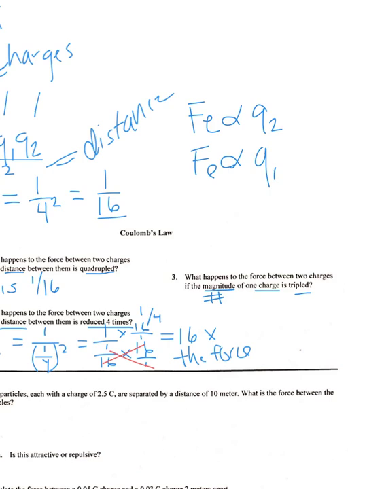So Fe is proportional to one charge being tripled. So we can say that charge 1, Q1, it doesn't matter, Q1, Q2, same thing, is tripled. So 3 times, right? So we're going to plug in a 3 to that. Okay, so it's done. F is going to change by 3 times. So the force changes by 3 times.